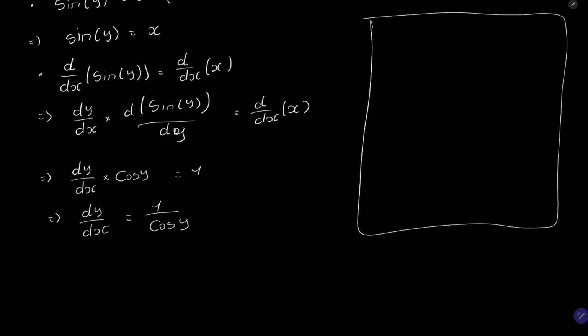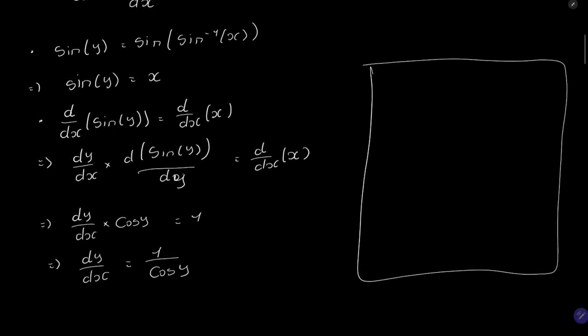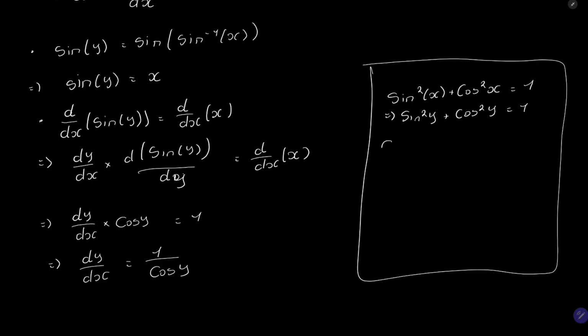So let's recall some trigonometric identities. We all know that sine squared x plus cos squared x gives us 1. This implies that sine squared y plus cos squared y gives us 1. This then implies that cos squared y is the same thing as 1 minus sine squared y.